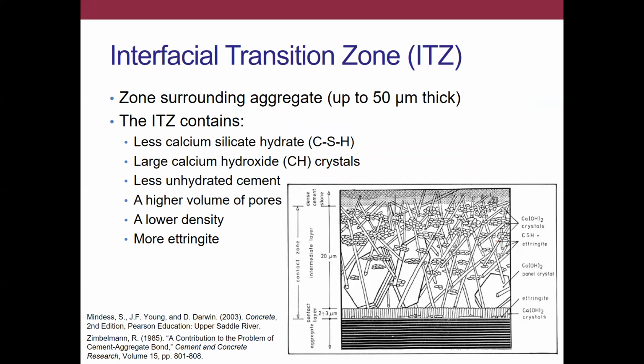Your cement particles, however, are much smaller than your coarse aggregates, for instance, right? So your mean cement particle size is somewhere around maybe 10 to 15 microns for a mean diameter, right? Your coarse aggregates now are of course on the order of millimeters, right? So significantly different sizes.